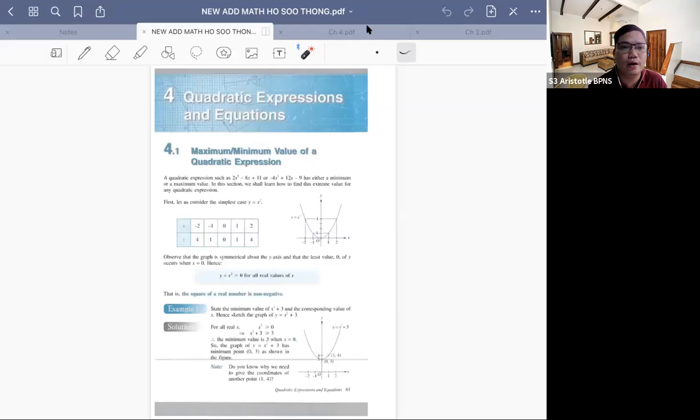For those who don't have the book yet, I'm going to send you a file, but I'll send it after I have discussed some examples, because I haven't sorted my files yet. Let's go to chapter 4 now, quadratic expressions and equations.